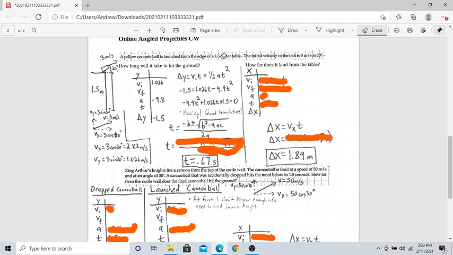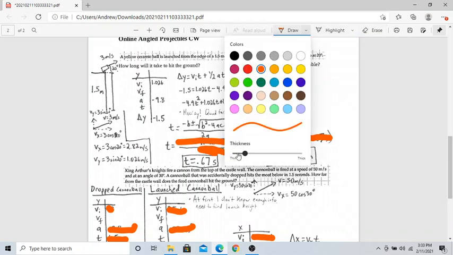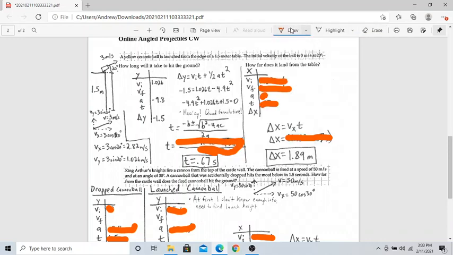For those of us who don't remember, the a, b, and c come from the numbers in front of these terms. So remember, a is right here. That a, so negative 4.9 is a. 1.026 is going to be b. 1.5 is going to be c. So you take those three values, you plug them into the quadratic formula.